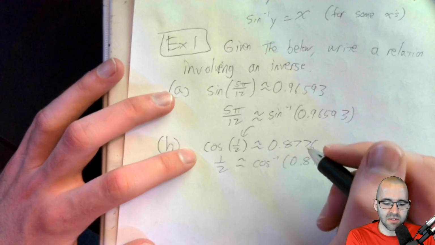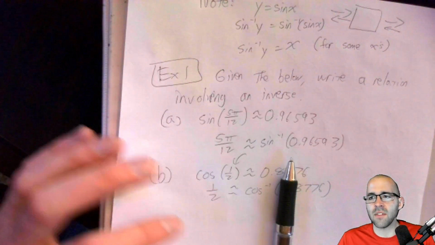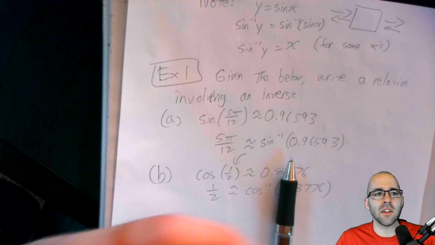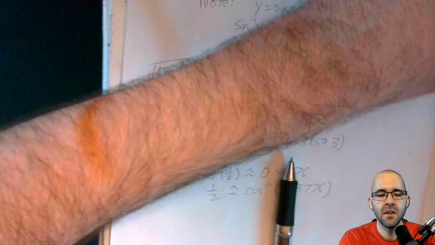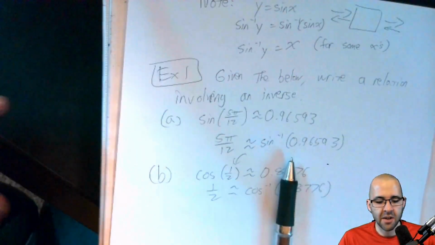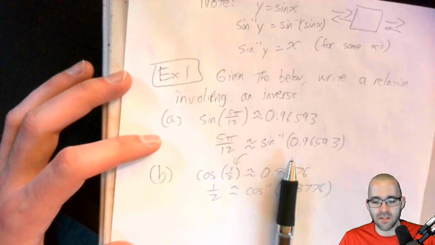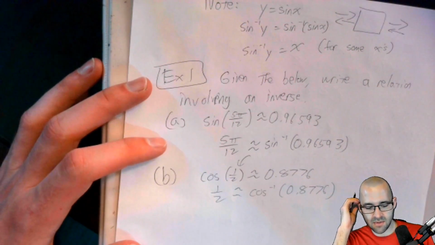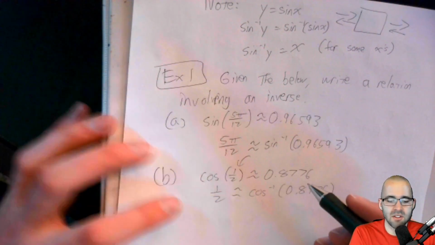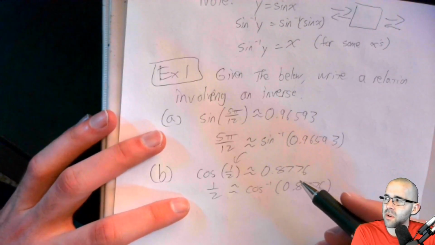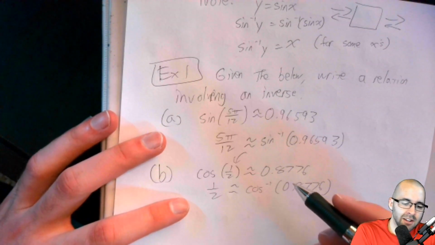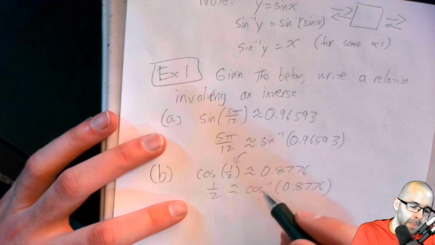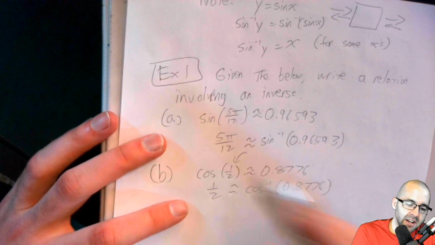Cosine of 1/2 is not anything really nice. Hold on, let me make sure I don't have a typo. Cosine of 1/2, yeah, okay, good. I was thinking of pi over 6. So this is not root 3 over 2, although it's actually close to root 3 over 2, interestingly enough, because pi over 6 is close to 1/2.